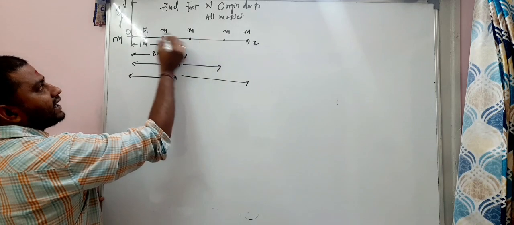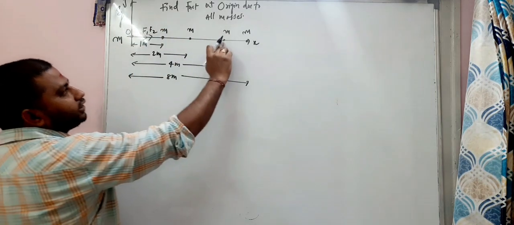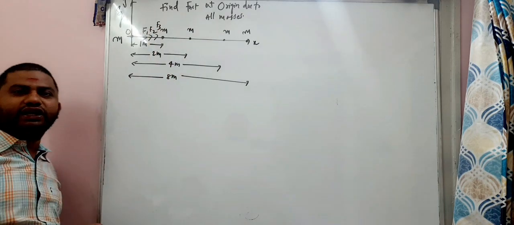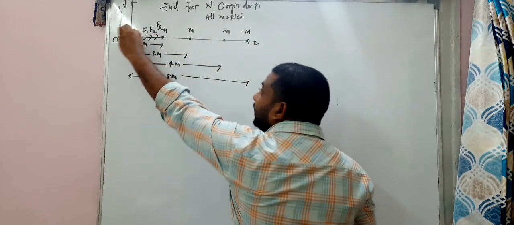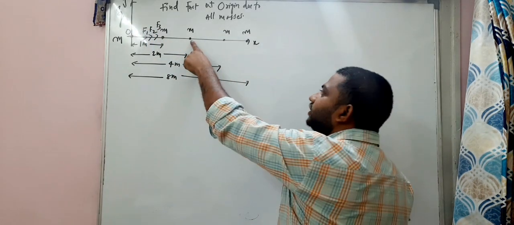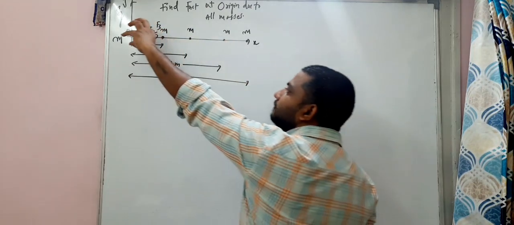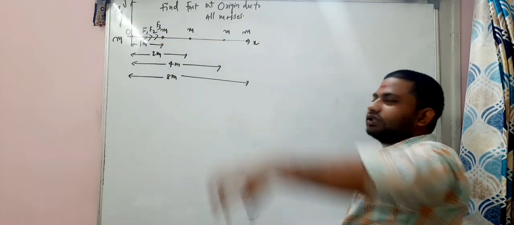And due to this mass at the origin there is a force F2 acting. And due to this mass at the origin there is a force F3 acting. Everybody should understand: this mass will attract the mass at the origin, this mass will attract the mass at the origin, this mass will attract the mass at the origin, and this mass also will attract the mass at the origin.